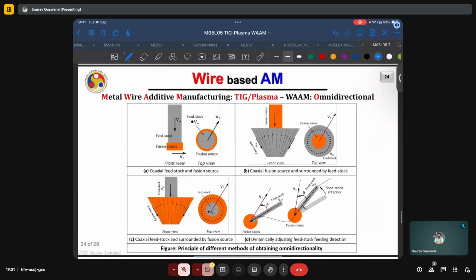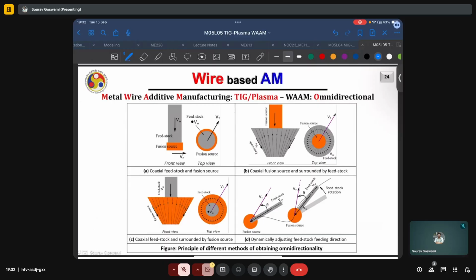And some of the proposed ideas to overcome this lack of omnidirectionality are shown here. One is feeding the wire feedstock coaxially with the fusion source, such as we saw in the case of MIG process. Then using a coaxial fusion source surrounded by feedstock, which has been implemented for powder, where we have an annular feeding of powder, but may be difficult using wire feedstock.